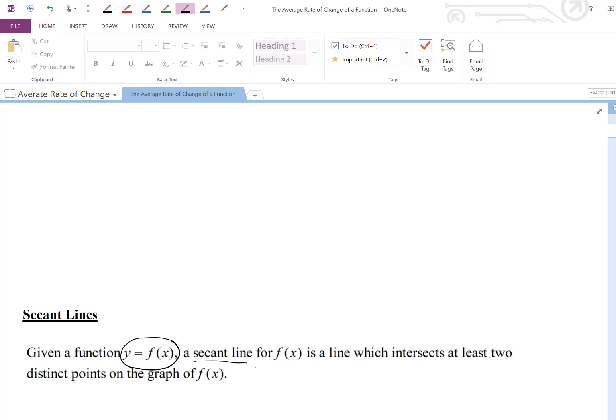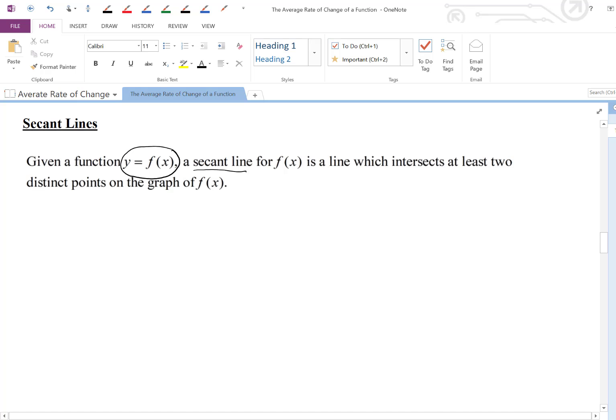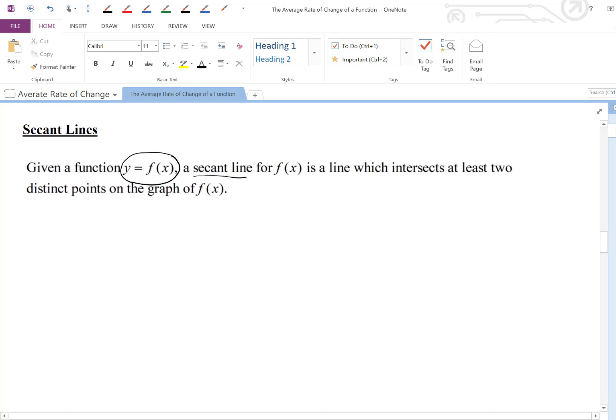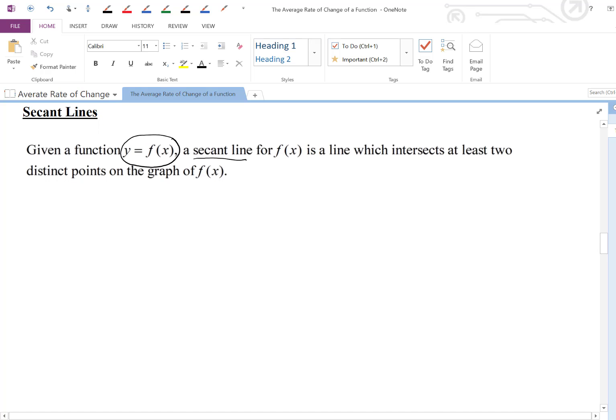These 2 points are usually given in a situation, or we have to figure out which 2 points we're considering. And it allows us to talk about what's called the average rate of change. So just remember this idea, secant line: a line which intersects at least two distinct points on the graph of f.